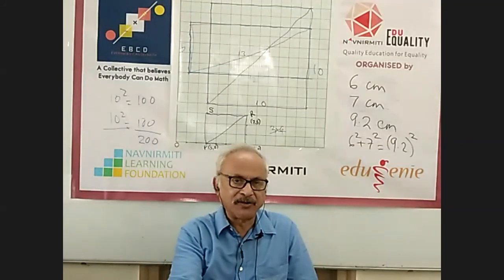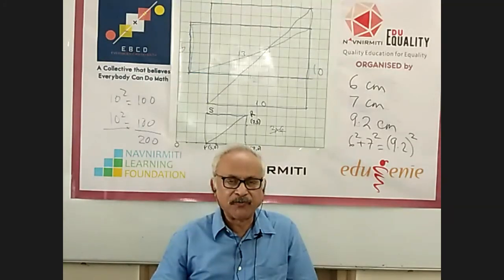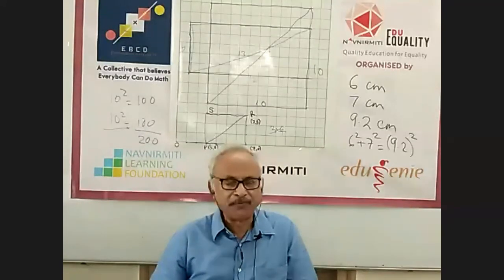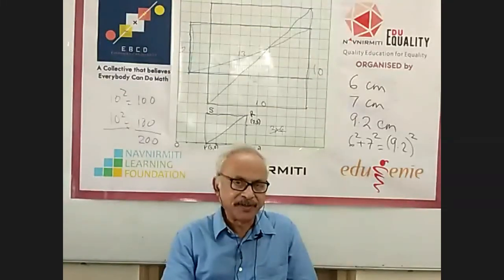So whether it is Iraq and Syria, or whether it is our part of the world, or whether it is Greece, in fact, even in China, Pythagoras theorem was known in a different form. All the forms are a little bit different, but they all have this in common.